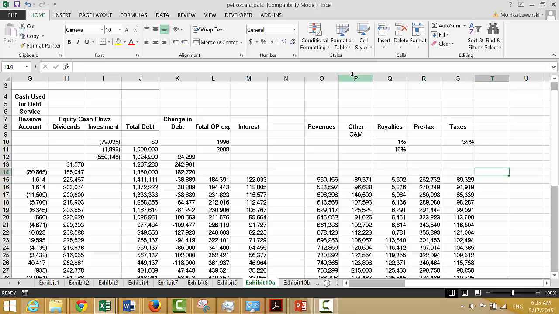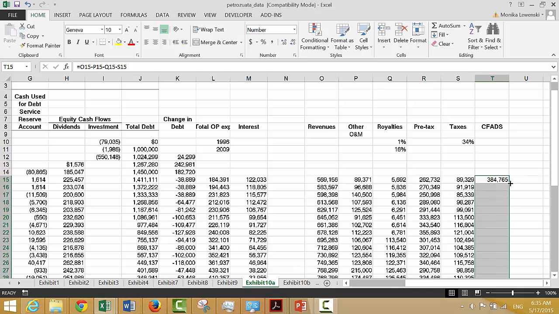And now we can do our CFADS, which is revenues minus the royalty, minus the taxes. Okay?